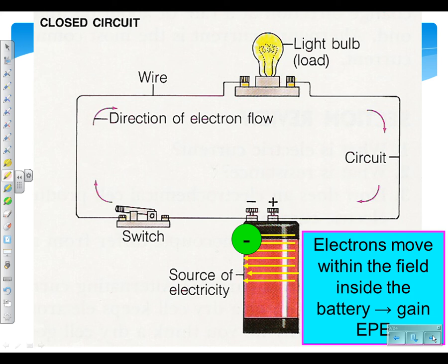If we go back to trying to make connections to gravitational potential energy, electrons moving through the battery and gaining potential energy, what is that the equivalent of? If we talk about it from a gravity standpoint, that's me picking the ball up, right? Okay?